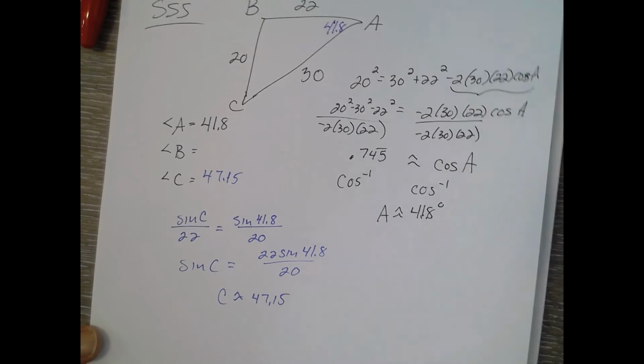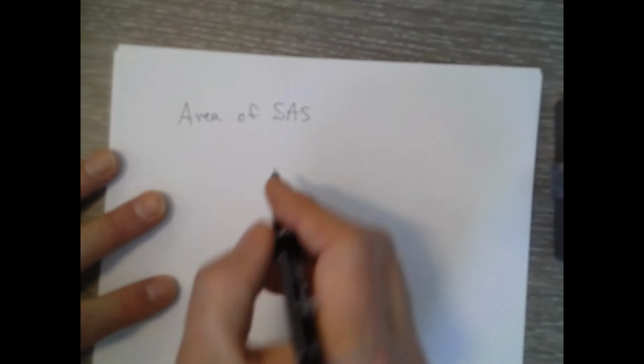So there are two other types of problems in this section. They both involve area. So we need to find the area of a side angle side triangle, and there's a formula for that.